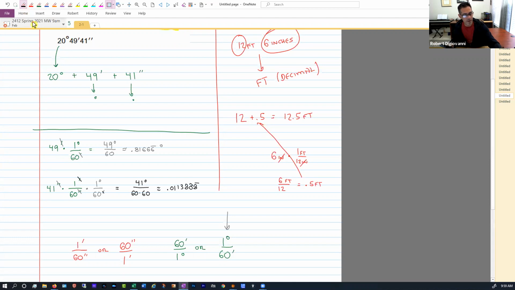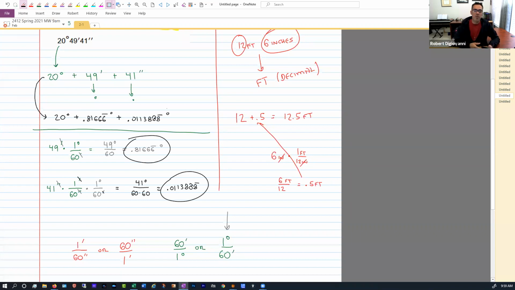So coming back up here to the original question, what we're saying is that this is 20 degrees plus what we got here, which is 0.81666 repeating degrees, plus what we got here, which is 0.011388 repeating degrees. And so we're going to add those up.